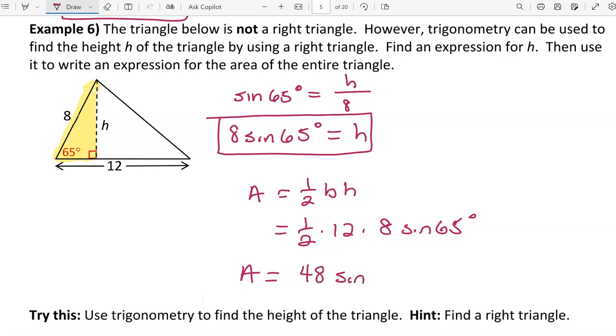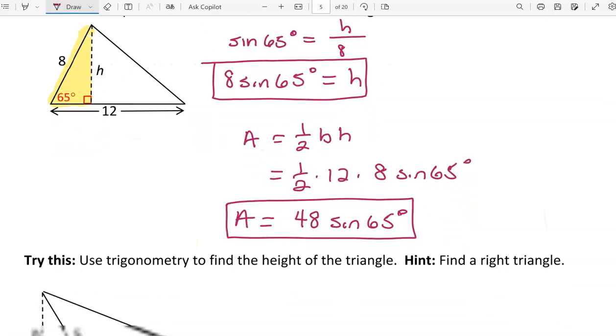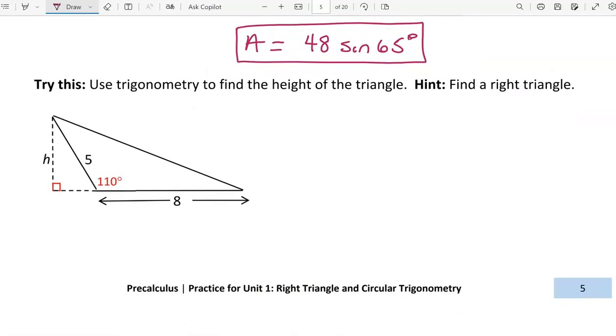So we have 48 times the sine of 65 degrees in simplified form. And that would be the exact form, or the calculator ready form. If we wanted to know either of these and round them off, we can put either of these expressions in the calculator. All right, here's one for you to try below.